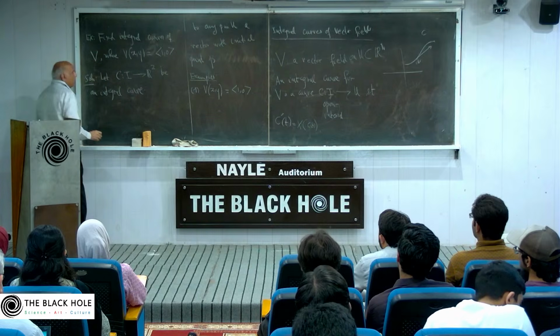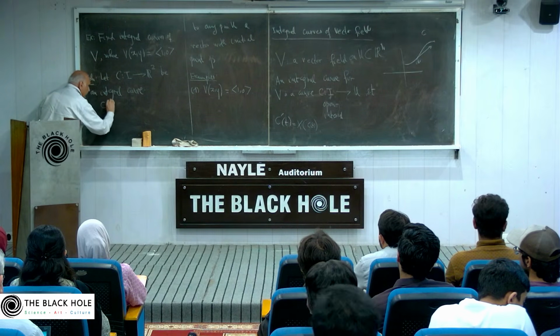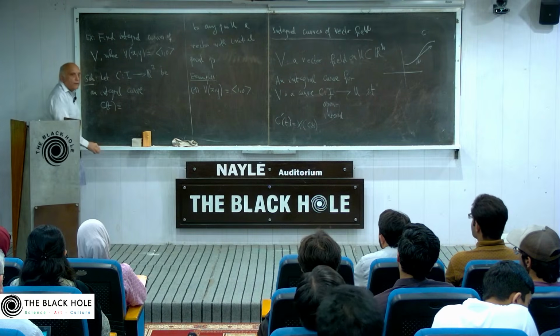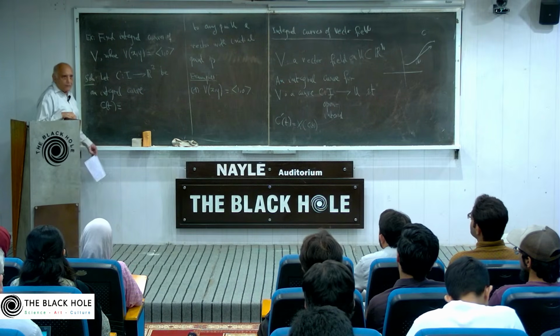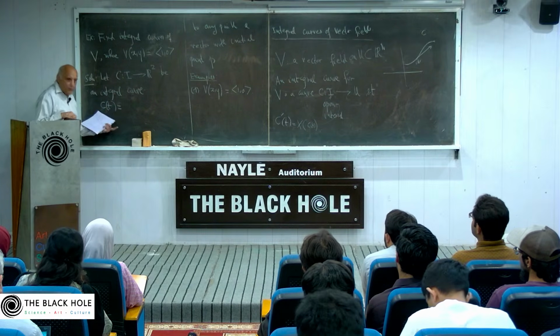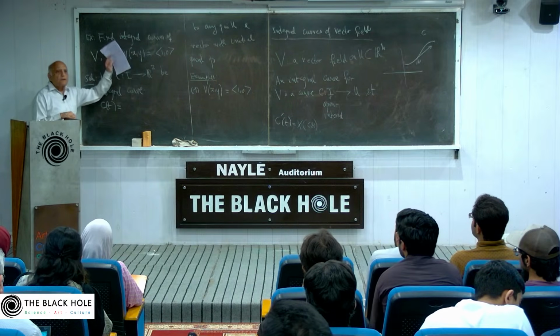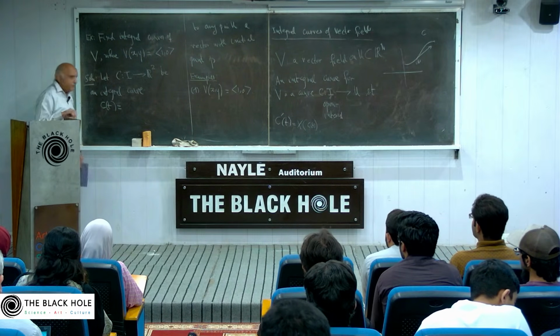So how many components does C(t) have? These are points in 2D, so they will have two components. I don't want to use x and y because that's already used, so let's call them f(t) and g(t).